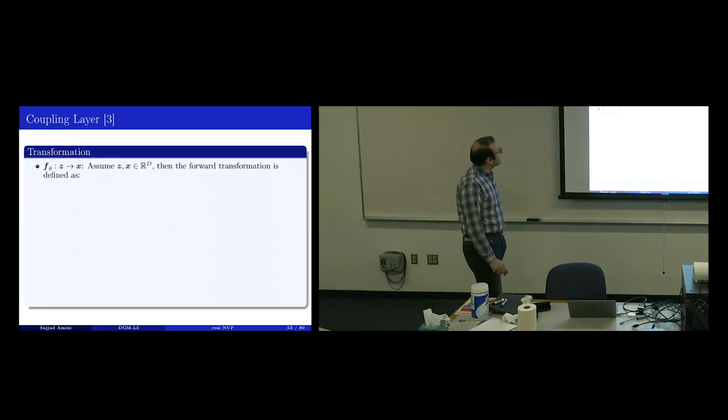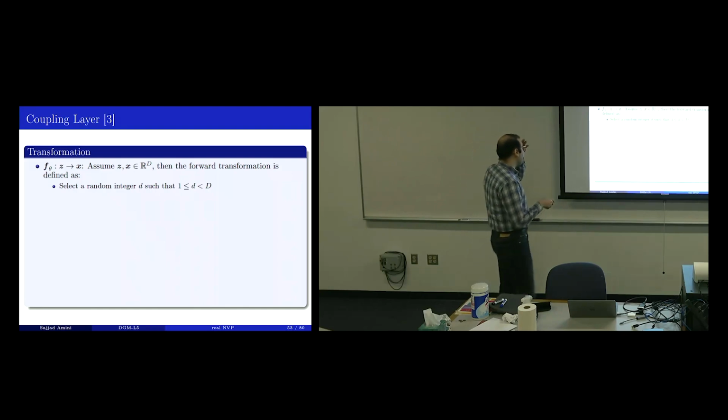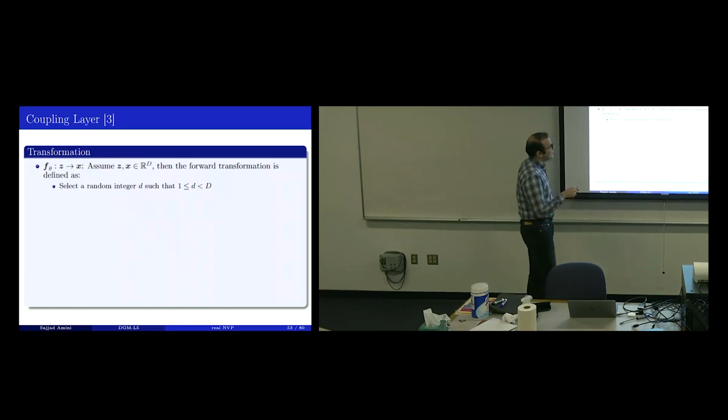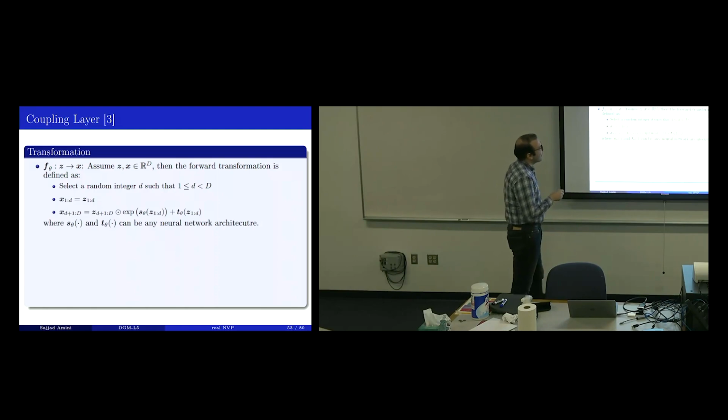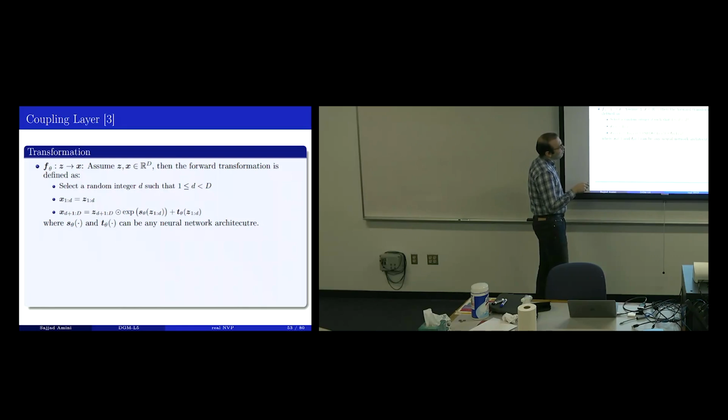Here, the authors propose to use an affine coupling layer instead of the additive coupling layer, and you see how it works. Again, you select an integer d greater or equal to 1 and less than uppercase D. The first part is exactly copied, but the second part is simultaneously scaled.